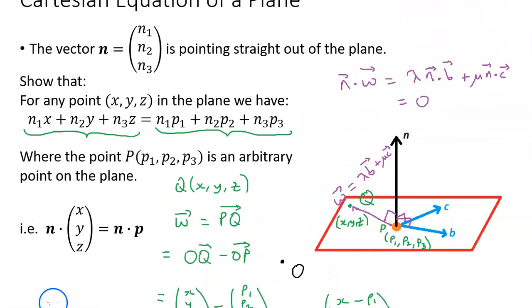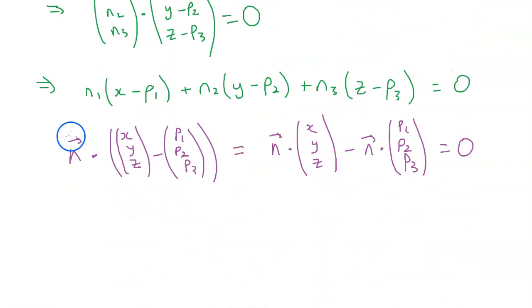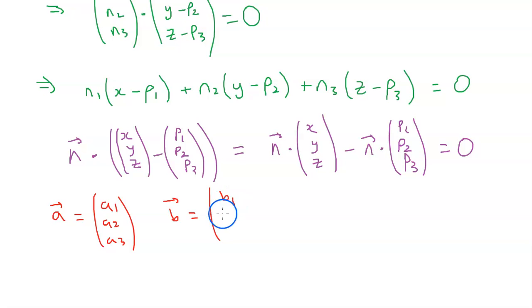Because of this. If you've forgotten what the dot product means, you absolutely need to revise it because we do need it here. Quick reminder, let's say A is the vector A1, A2, A3, and B is the vector B1, B2, B3.